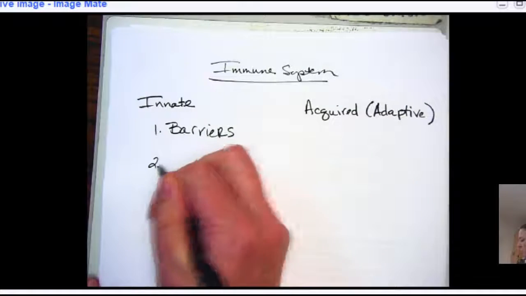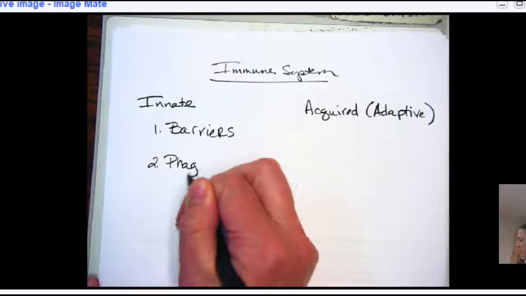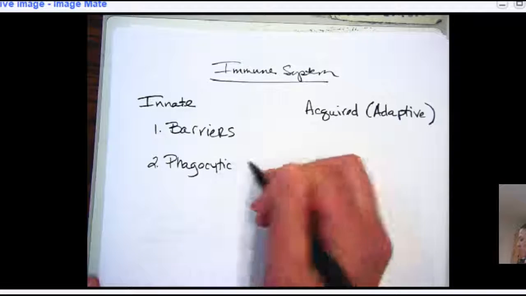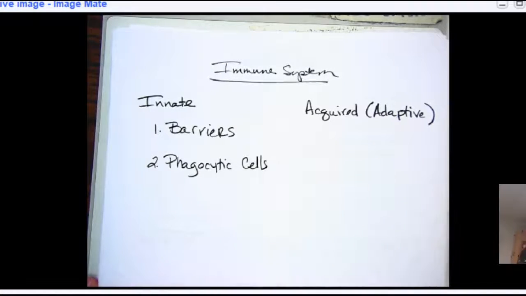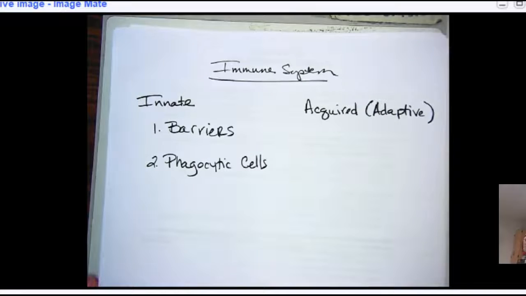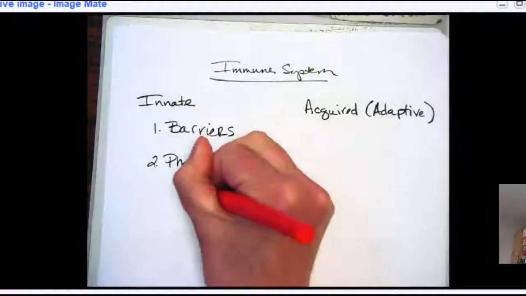Another one will be phagocytic cells. Phagocytic cells will go through phagocytosis when they see a pathogen.